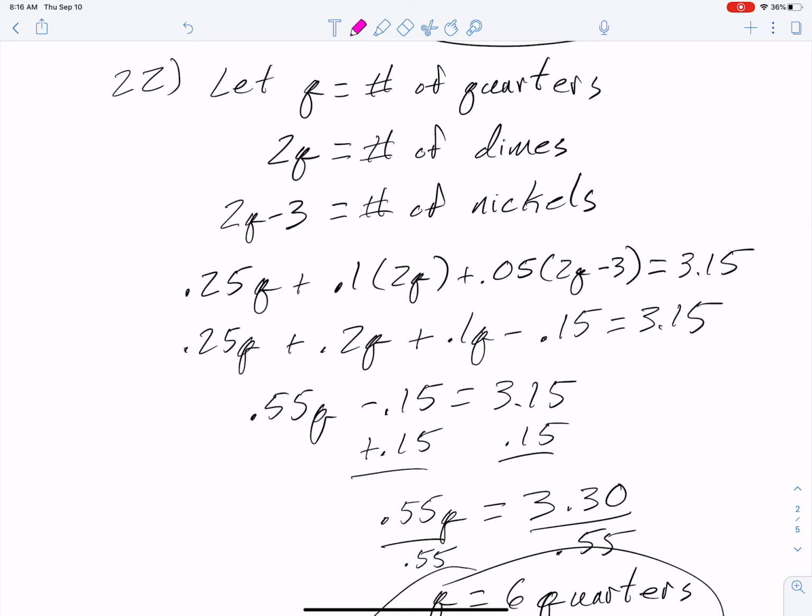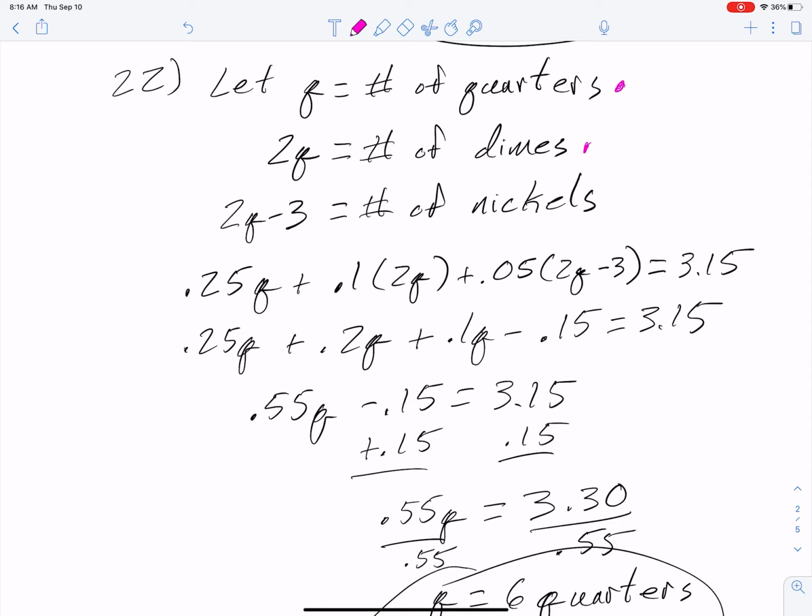Number 22. Paula's purse contains twice as many dimes as quarters and 3 fewer nickels than dimes. The total of these coins is $3.15. So I start off with Q is the number of quarters. There's twice as many dimes as quarters, so 2 times Q would get me the number of dimes.